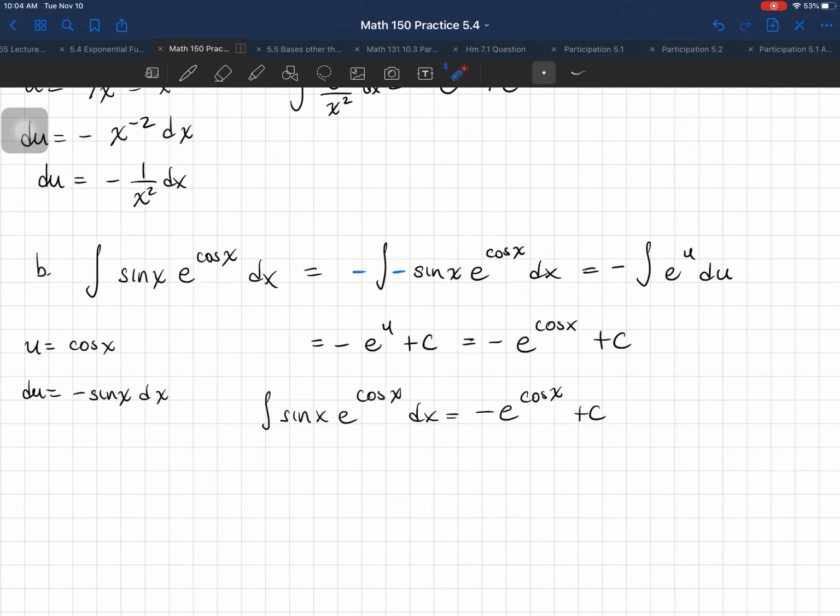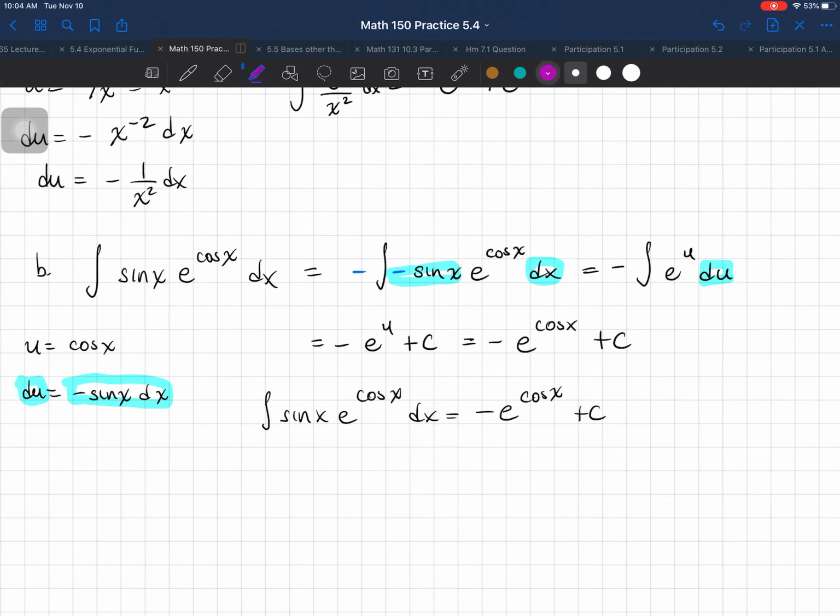So then we take the negative sine of x times dx. That will turn into a du, right? And if you guys need some color here, think about that this right here and this right here, this product is exactly this right here, which in turn is going to be your du.